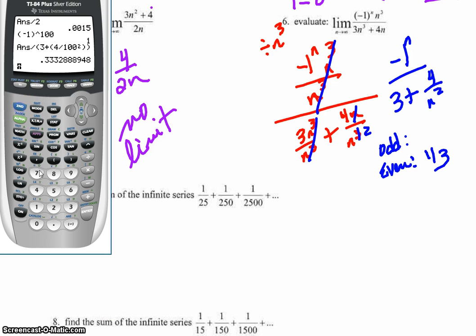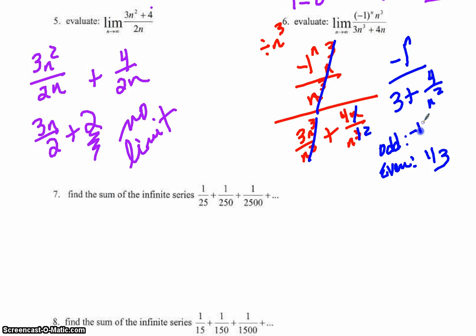We're going to have to redo all of this. Open -1, rooftop 101 to get an odd number, enter, divided by, open for the bottom, 3 plus, open 4 divided by 101 squared, enter, and you get -0.333, so it's -1/3.